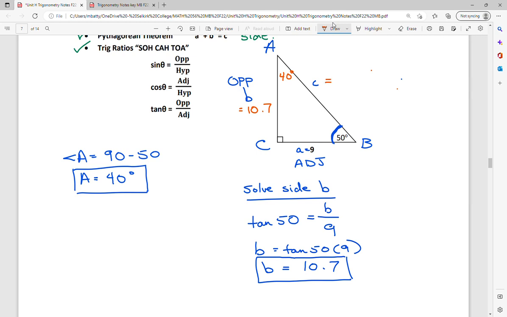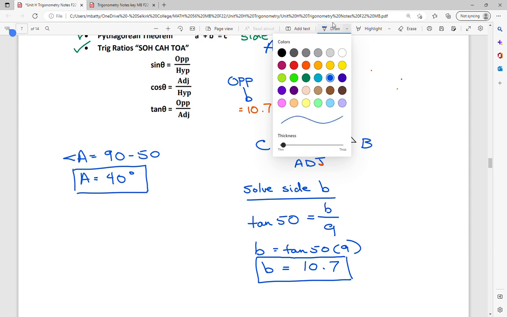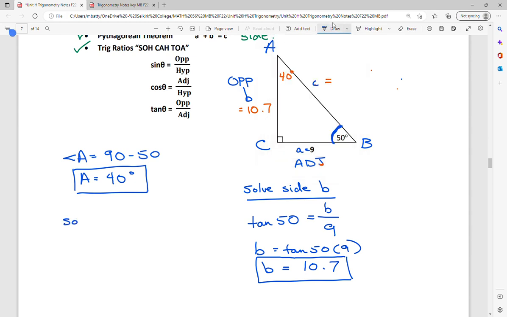Ultimately, the last piece of information is what C is equal to. You could use the cosine ratio because you know your adjacent and you're looking for your hypotenuse. Just to show all of the skills that we have, I'm going to solve for C using Pythagorean.